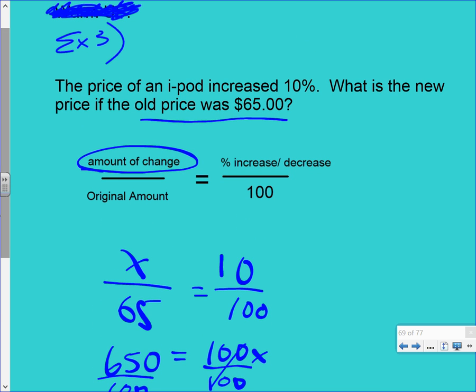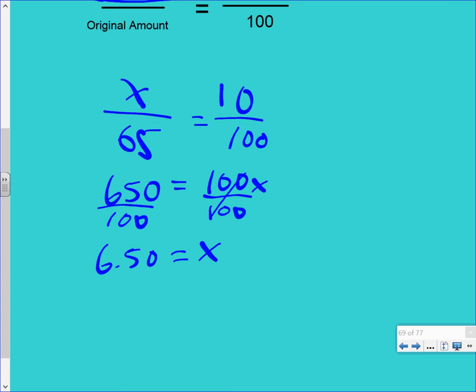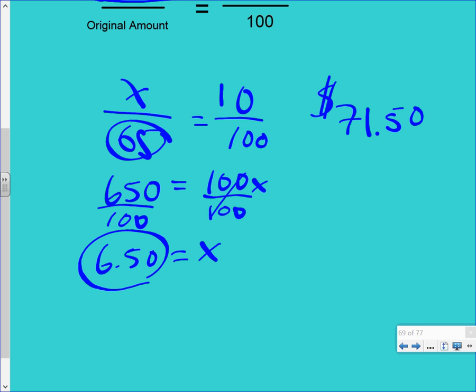Because that's actually the question. What is the new price? Well, the old price is 65 bucks. The amount of change in the increase is $6.50. So the new price is going to be 65 plus 6.50, which is $71.50 for the iPod. That's the new price.